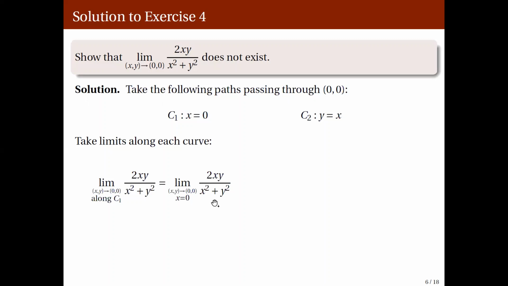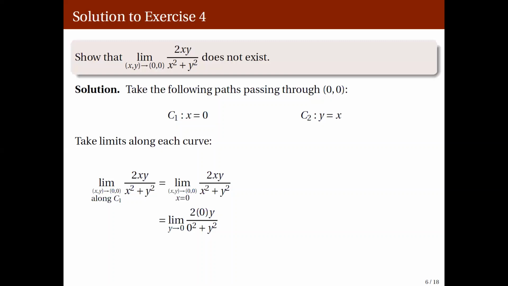And the trick here is to replace x in your expression by 0 because it is the constant, and then let the other variable approach its corresponding target, which in this case is 0. So here, we will take the limit as y goes to 0 now of the expression where all x's here are replaced by 0.